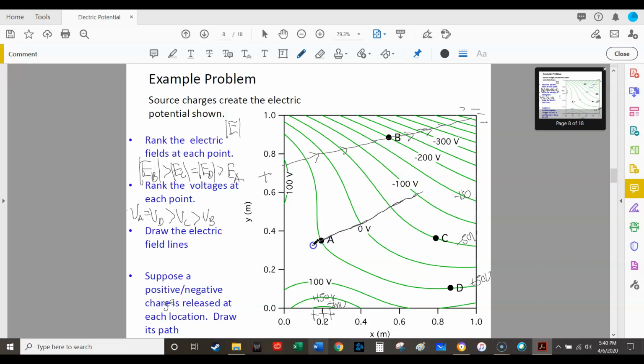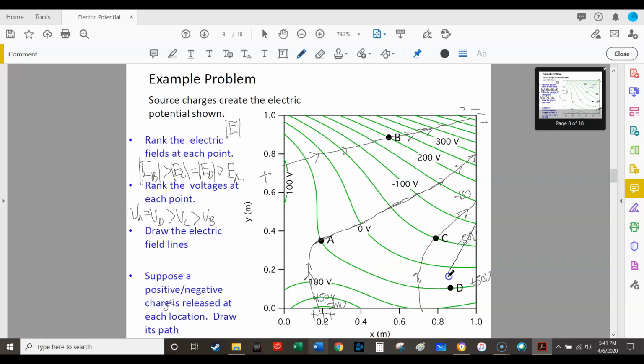So it's looking like A is going to go and kind of go off in this direction. So that's the electric field lines due to A, and it then curves towards this. C is right here, and it looks like it curves this way.